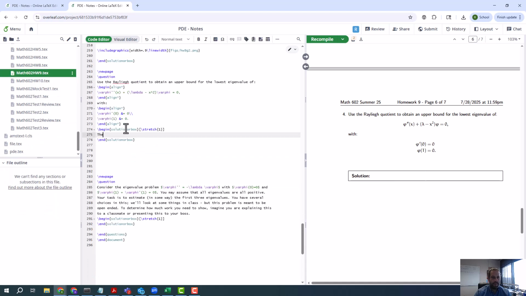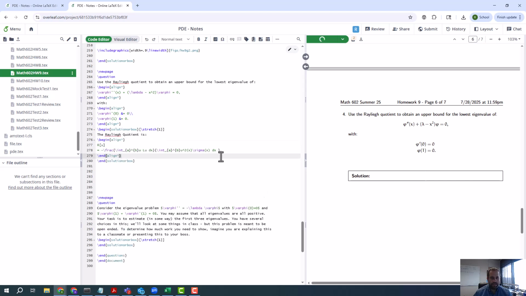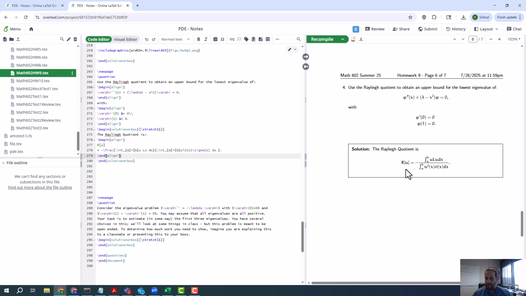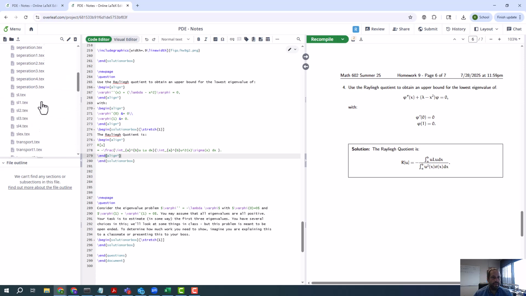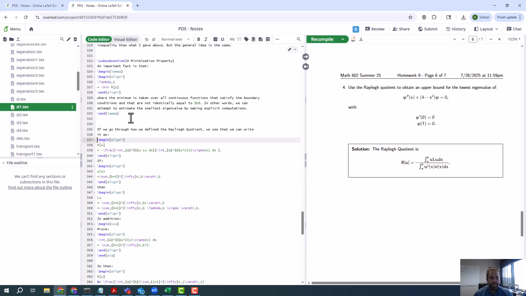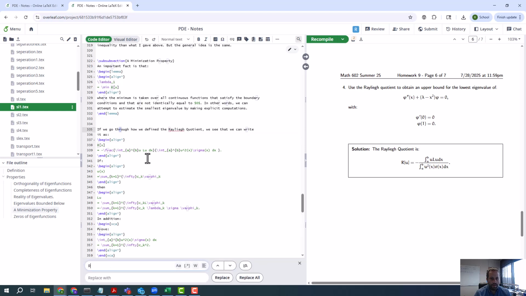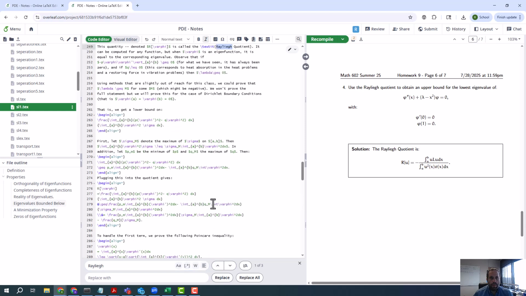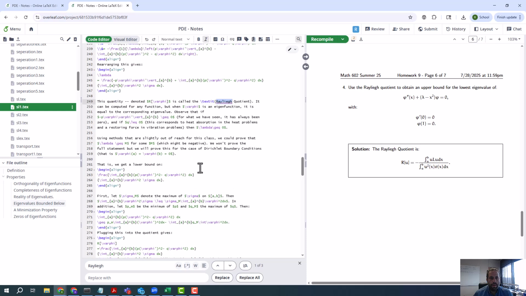Okay. The Rayleigh quotient. This is it. So let me just see if I got the right thing here. Well, that's not the form that we wanted, is it? Here we go.